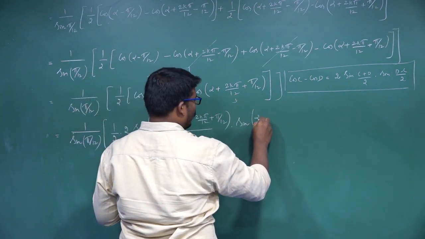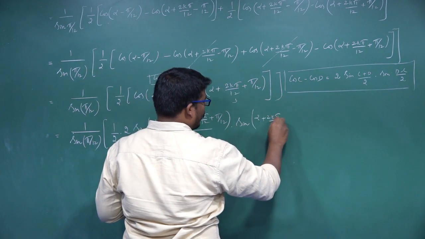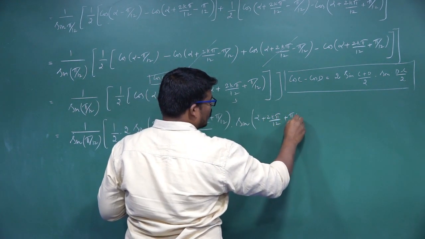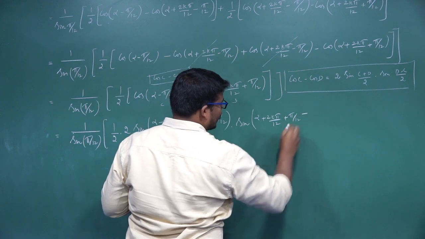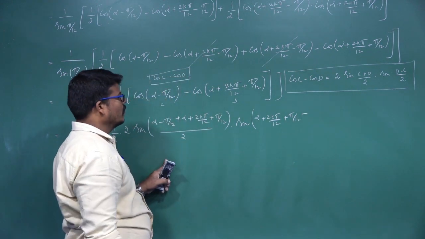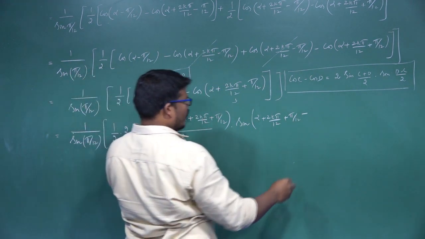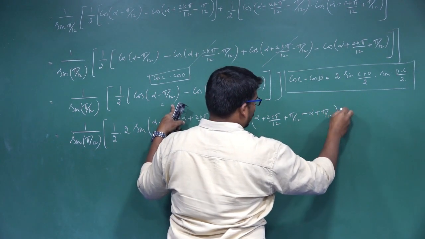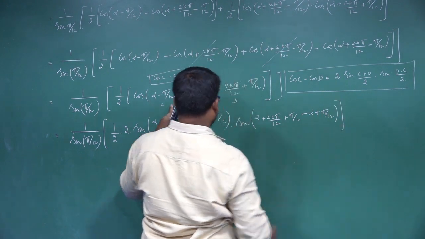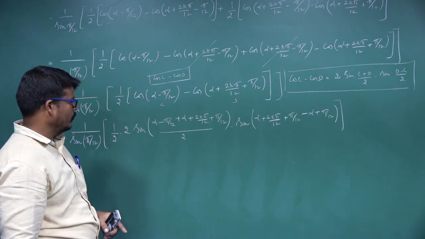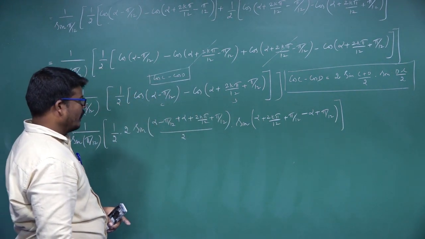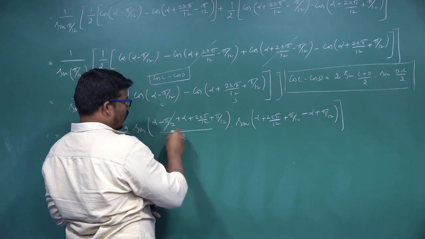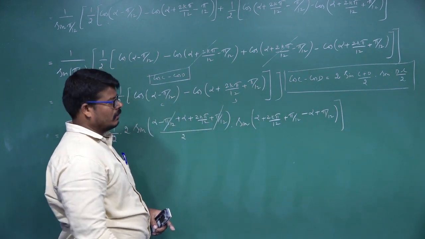Here d is alpha plus 2k pi by 12 plus pi by 12 minus c. Now cancel the values: minus pi by 12 plus pi by 12 cancel.